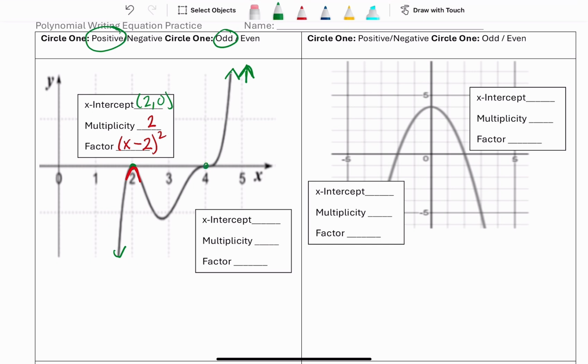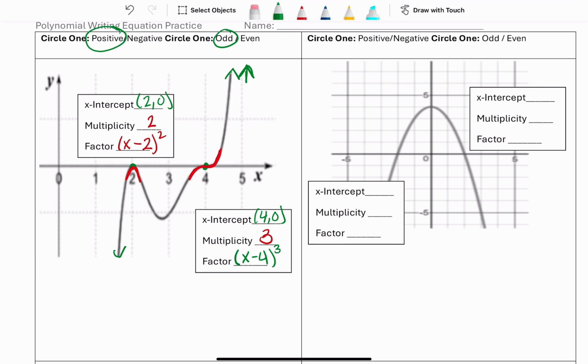Then I look at the next x-intercept, which is 4, 0. This is a multiplicity of 3. Remember I said a multiplicity of 3 starts to flatten out and make that cubic shape. So when I make my factor, x minus 4, I raise it to the 3rd power.